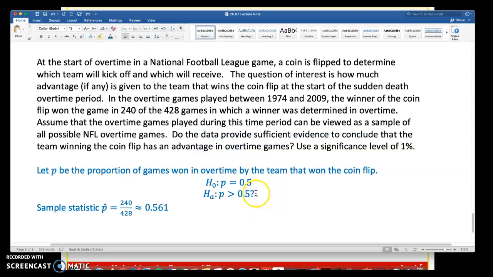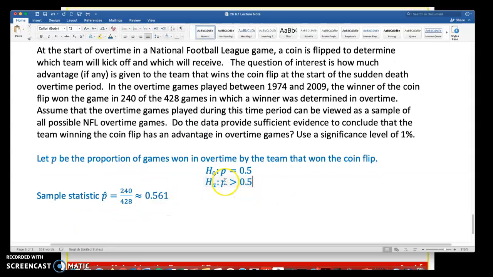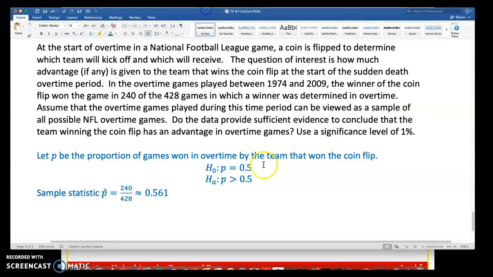So that makes sense. The evidence does support the alternative hypothesis. So this is reasonable to say. The question really is, for statistical purposes, is it enough of an advantage to say that there is an overtime coin flip winning advantage in general, not just in these 428 games?